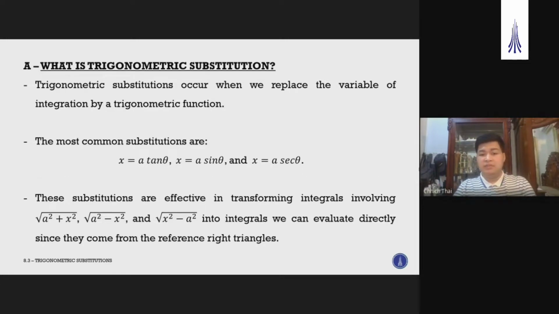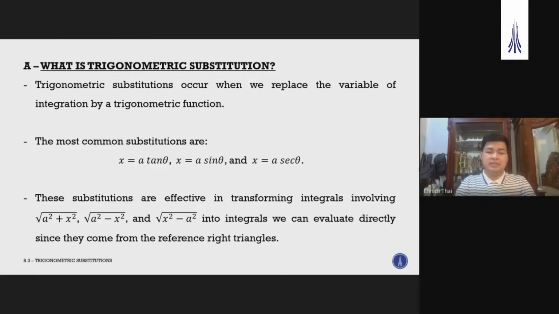We use this substitution in order to effectively transform an integral that involves the square root of a squared plus x squared, the square root of a squared minus x squared, and the square root of x squared minus a squared into an integral that is much easier to solve by using the reference right triangle. Basically, we use this substitution to take the function out of the square root, so it would make it much easier to integrate.